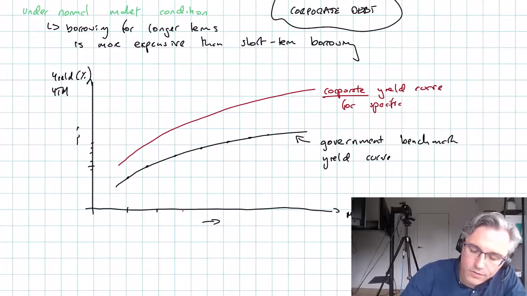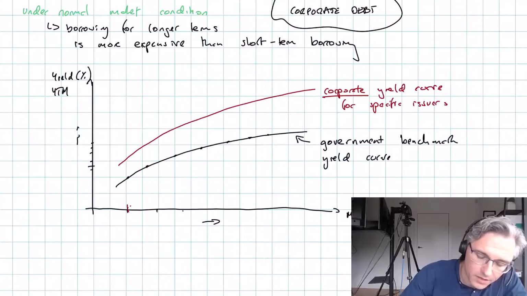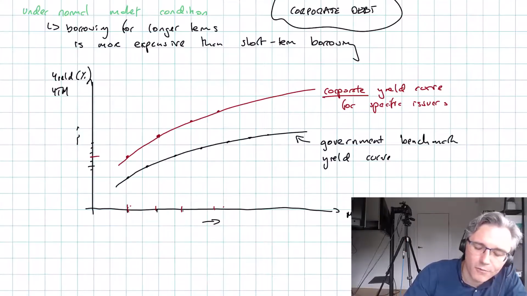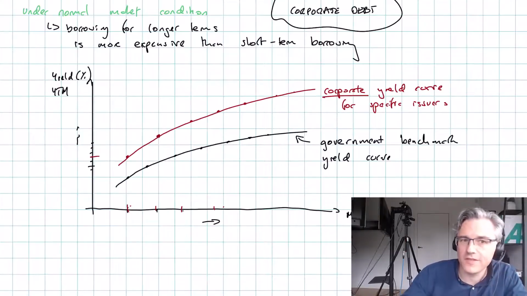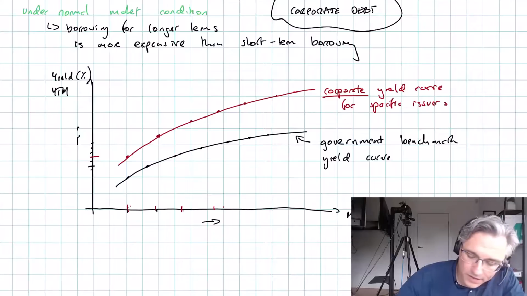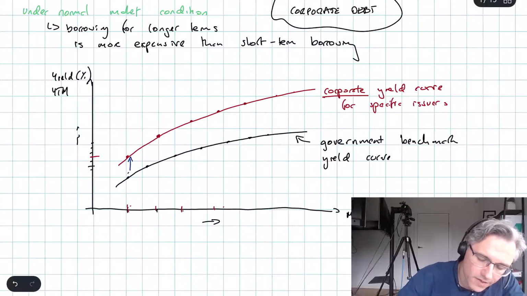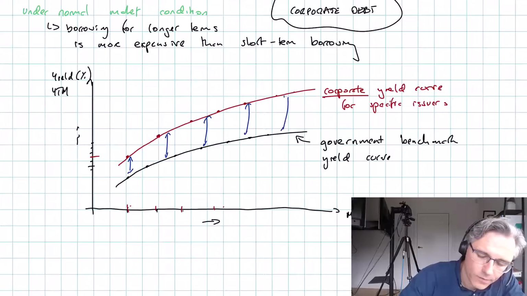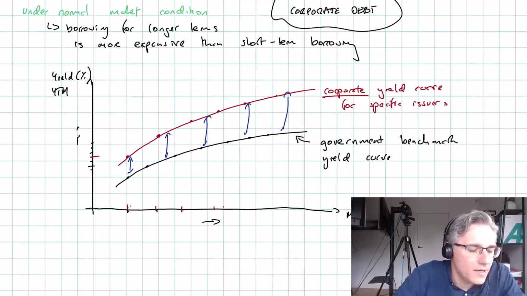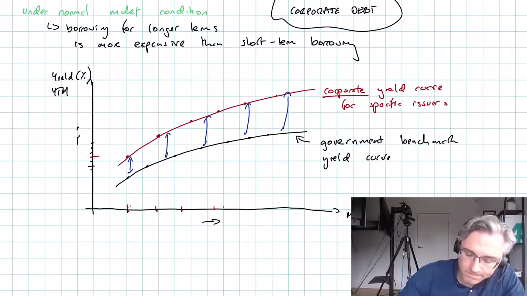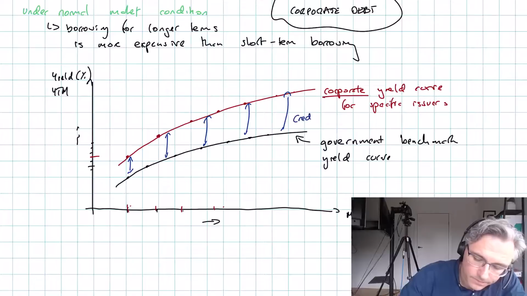They can issue bonds and borrow money for different periods of time, but they do it at higher cost, at higher rates than what a government would need to offer to borrow money for the same period. The difference here that you see, right, at different points, this is known as the credit spread, simply.